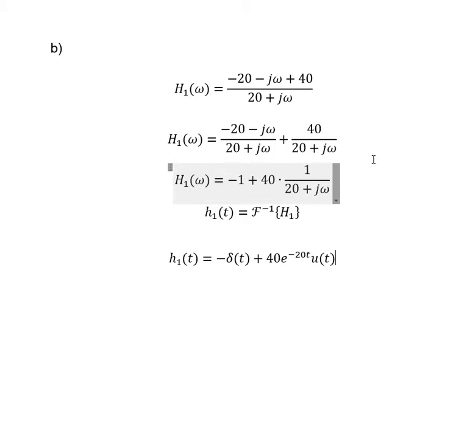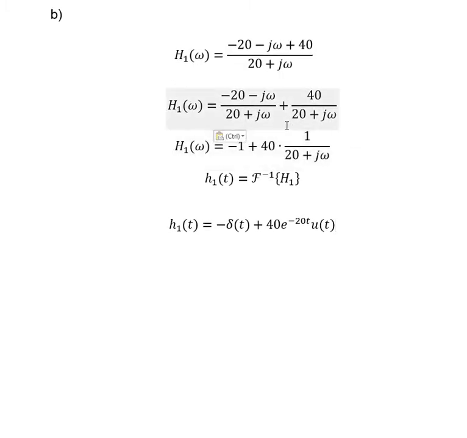I have my frequency response written here as minus 20 minus j omega plus 40 over 20 plus j omega, and I can split my division into two different divisions.